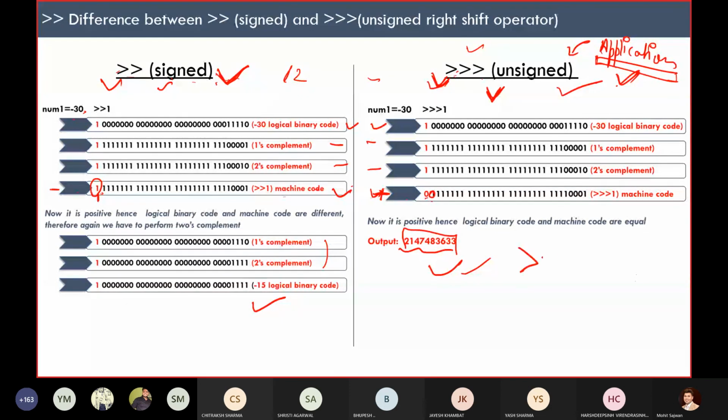So you know why we are performing the right shift operator and left shift operator, because you can perform division and multiplication. And sometimes you have a scenario, I think in your lab there is a question, where you have to find out the first high bit. Such kinds of questions you generally solve.